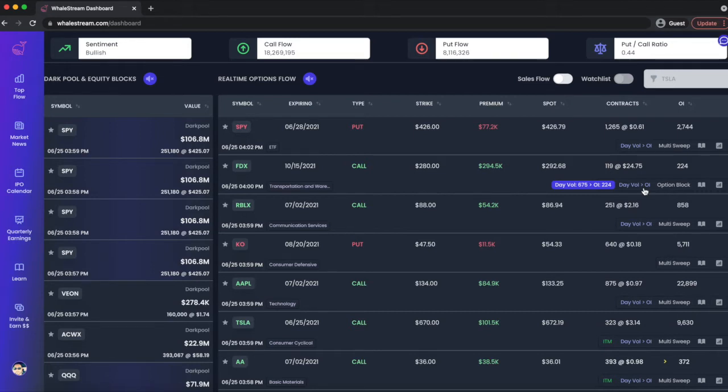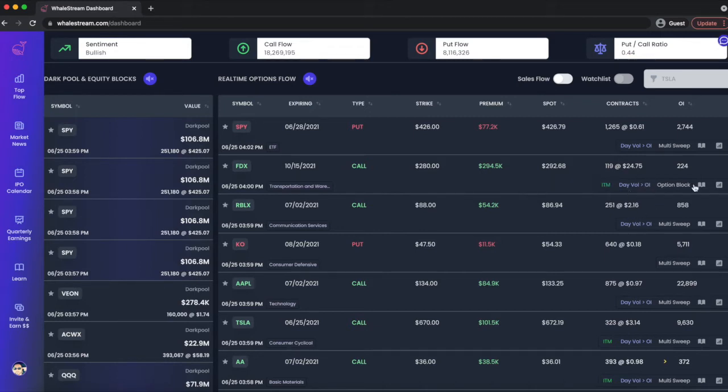It's a good gauge of the overall interest in the contract. It's also a good indicator of whether you're going to be able to sell these. If something has really low open interest and there's not a lot of contracts out there and you pick some up, it might be a little bit harder to sell them when you're trying to get rid of them. So it's worth paying attention to when you're looking at buying contracts, but not necessarily in this case.